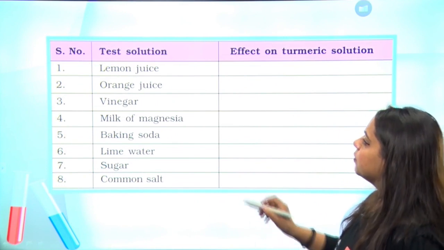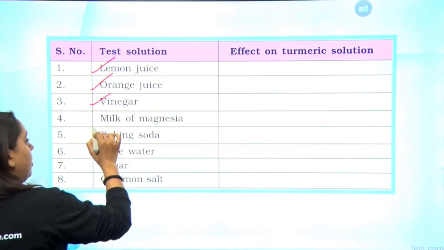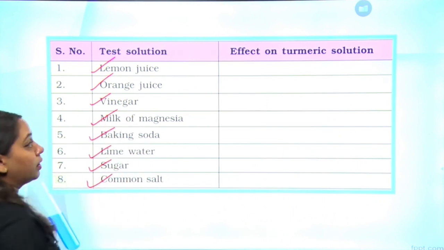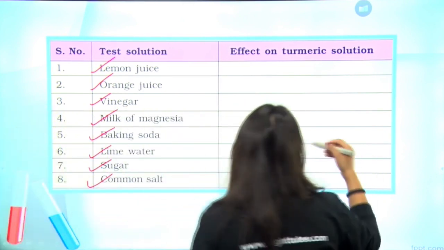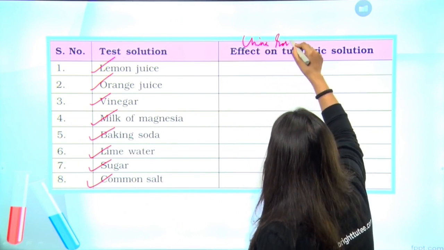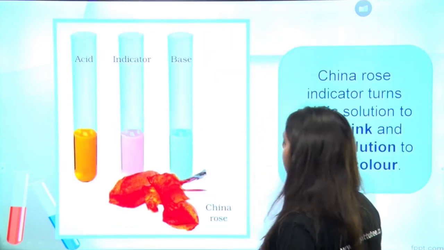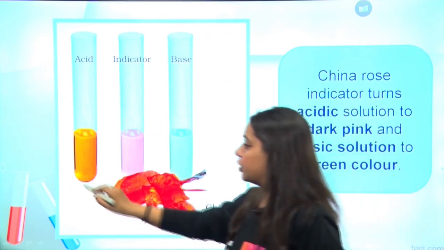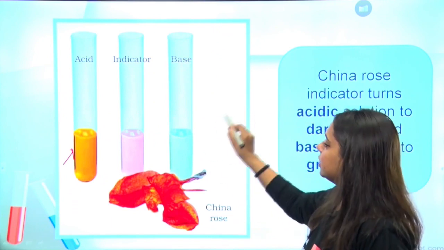You will take these solutions, say lemon juice, orange juice, vinegar, milk of magnesia, baking soda, lime water, sugar and common salt, and you will test their effect on the China rose solution. Now you will record the observation and you will observe that in acidic solution the color changed into dark pink, whereas the basic solution turned green in color.